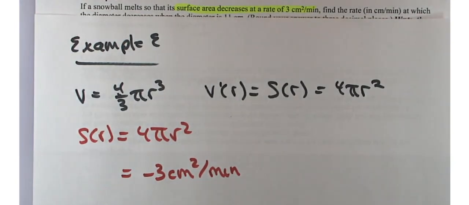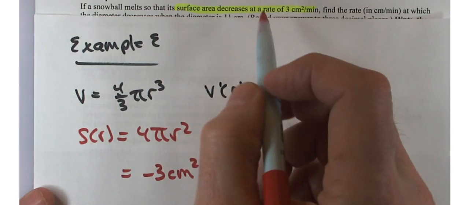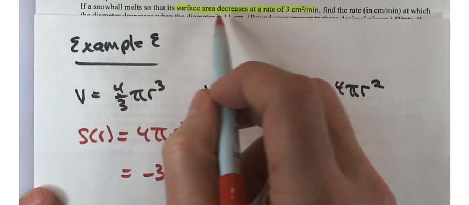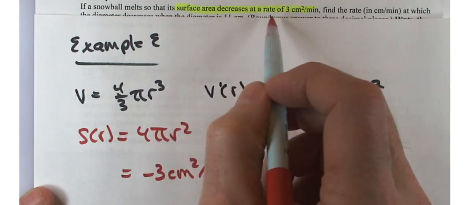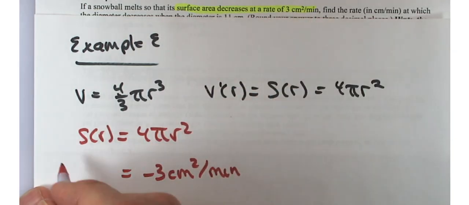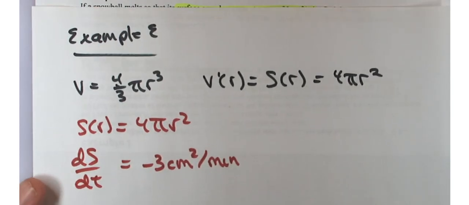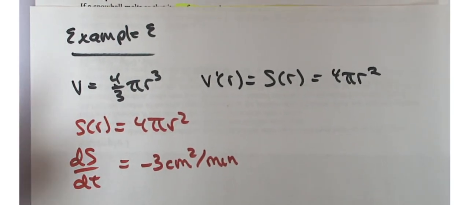What do I want to label that? dS/dt. Perfect. So it's the rate at which the surface area is changing in units of time, so it's going to be dS by dt. Nice.